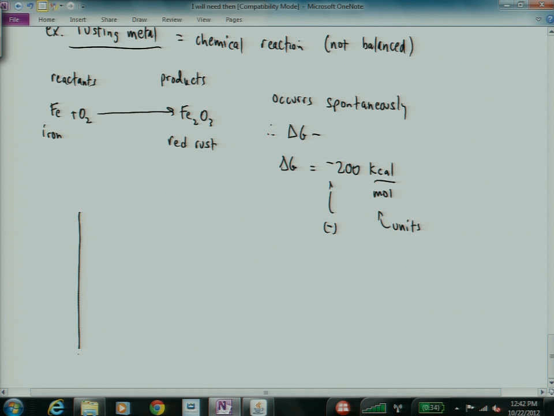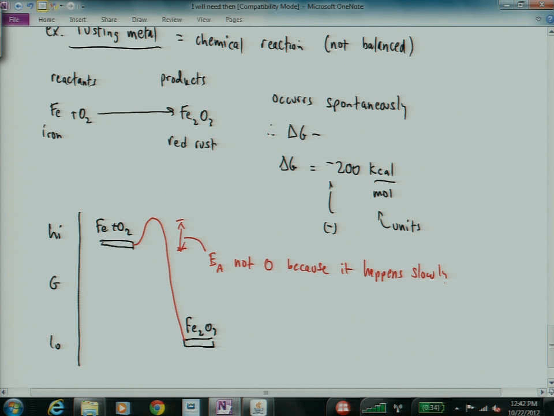And the energy pathway looks something like this. There's some activation energy. It's not 0 because it happens slowly at room temperature.